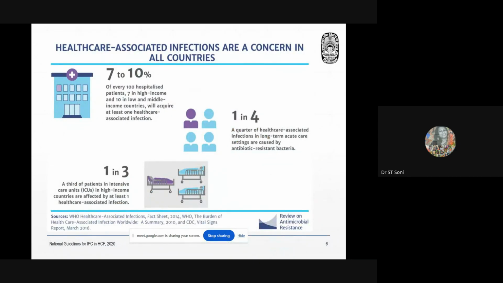In all countries, 7 to 10% of 100 hospitalized patients catch infection, 7 in high income and 10 in low and middle income countries. 1 in 4 will acquire infection in long term settings like hospitals, caused by multi-drug resistant organisms, and 1 in 3 in the ICU catches a healthcare associated infection. So this scenario says we are in a very bad situation.